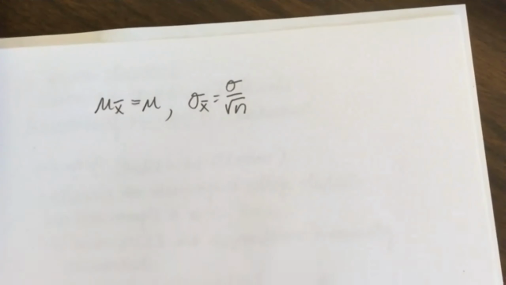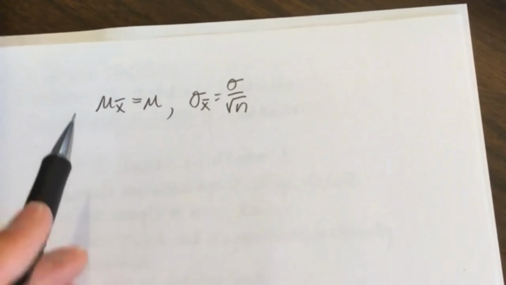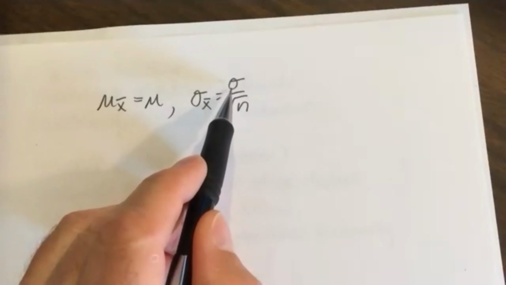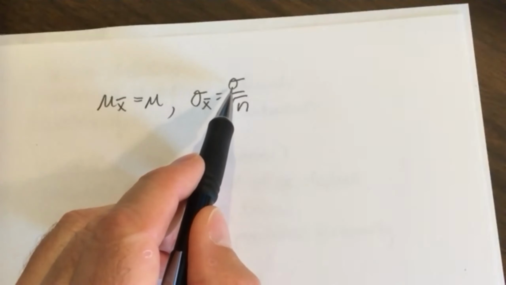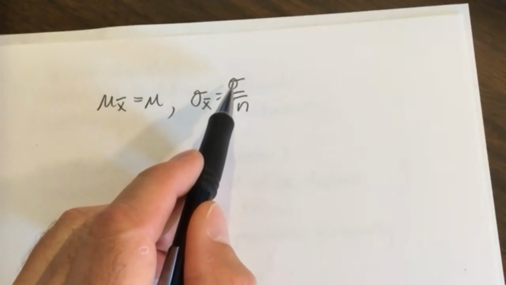And this gives us enough information that we can build our confidence interval. The problem in 6.2 is we don't know this value. And so instead of using this unknown value, we're going to estimate it.